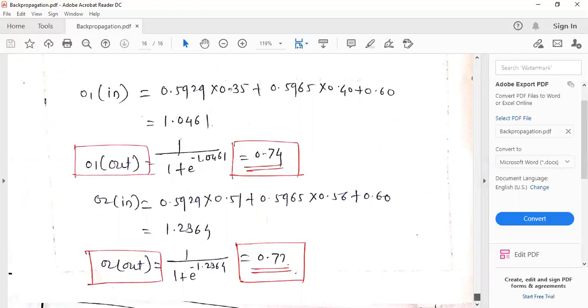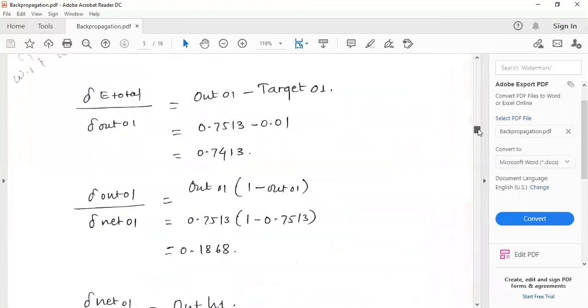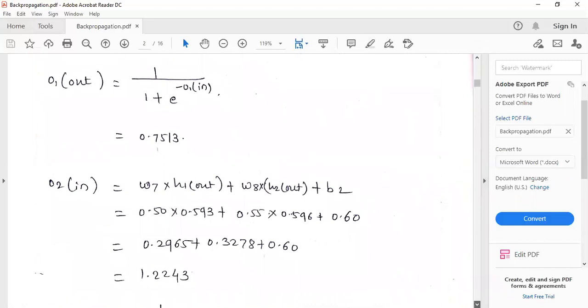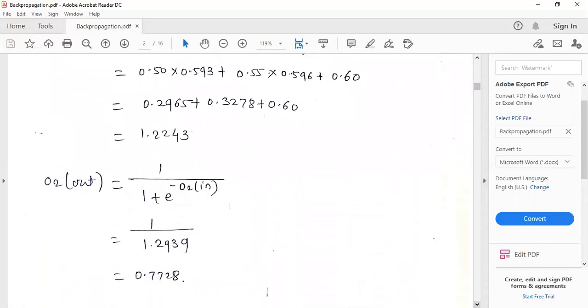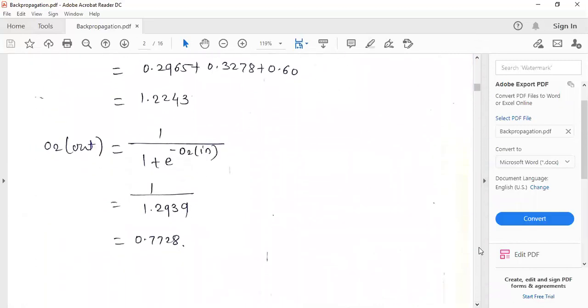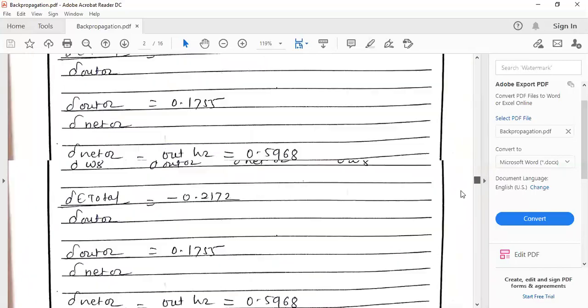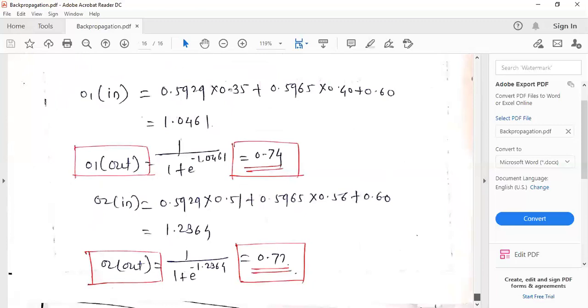Whatever the actual output values were, they are 0.7513 and 0.7728. So these are the actual values, and by doing back propagation, we have got the values for O1 out and O2 out as 0.74 and 0.77.